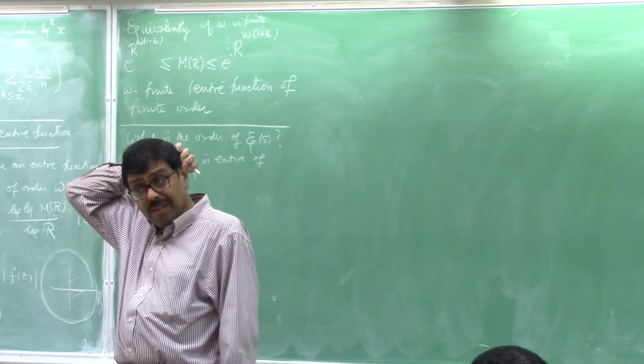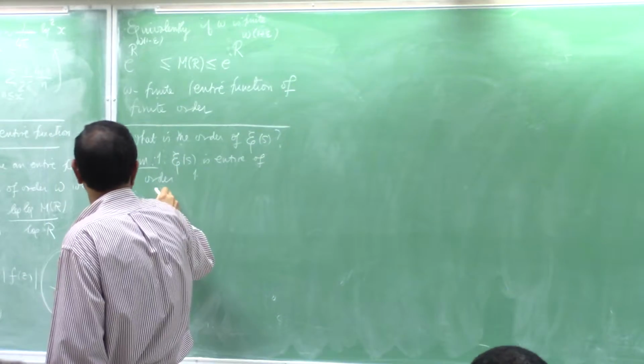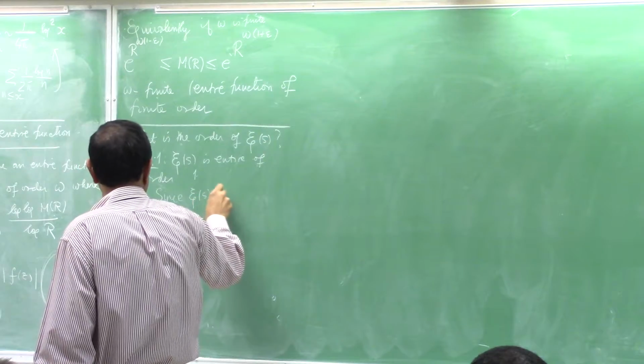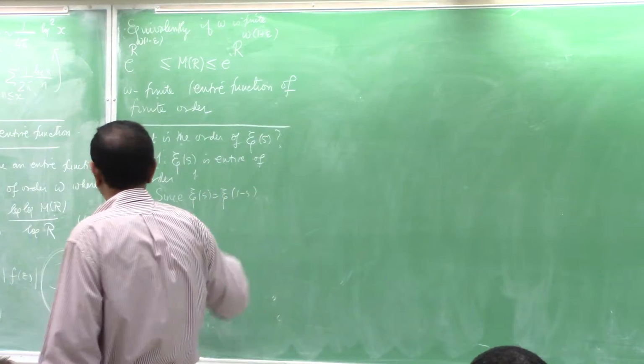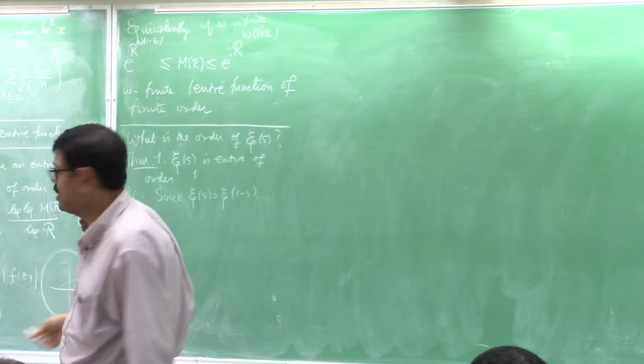So first of all, C of S is C of 1 minus S. We focus on real part S greater than or equal to half.